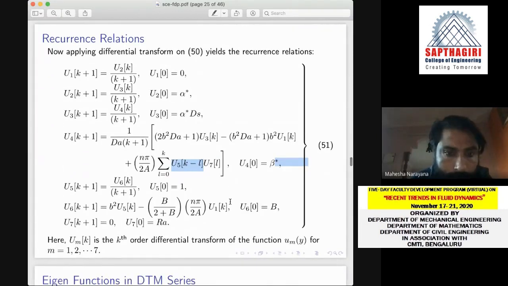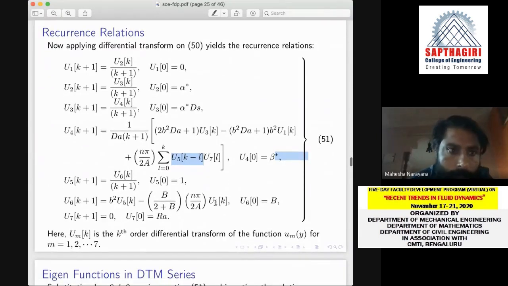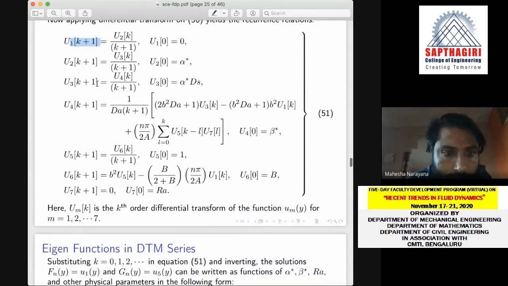All right, so these are the 7 recurrence relations which we obtain after the application of the differential transform. And as I mentioned earlier, this recurrence relation is giving you the Taylor coefficients.